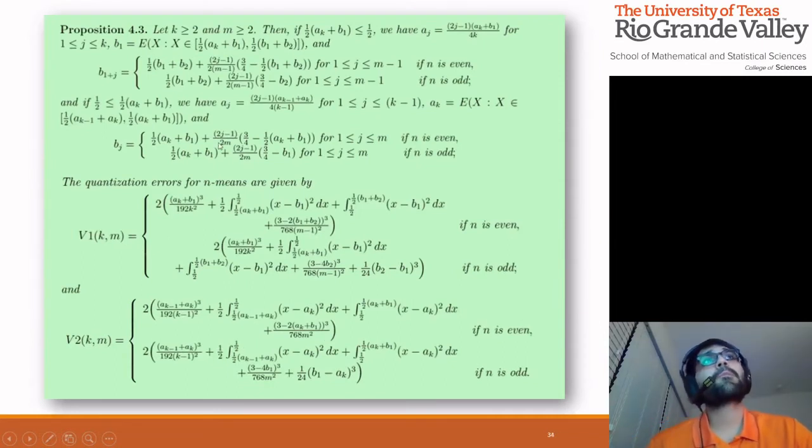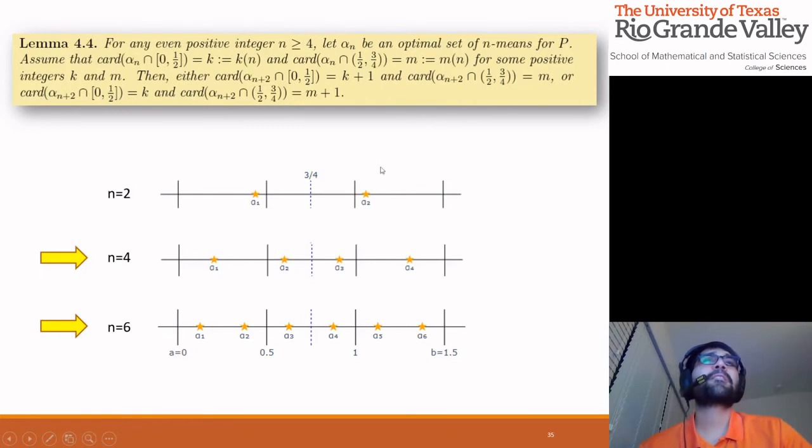And proposition 4.3 will consider the cases whenever we have two or more quantizers in the first interval and in the second interval. I'm referring to first interval and second interval as follows. From 0 to 0.5 is the first interval. From 0.5 to 3/4 is the second interval. That's where we are focusing on.